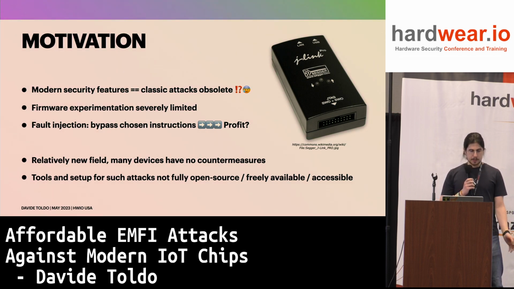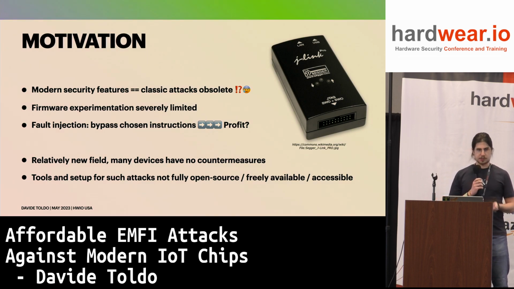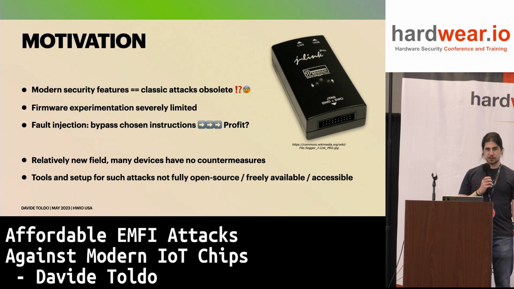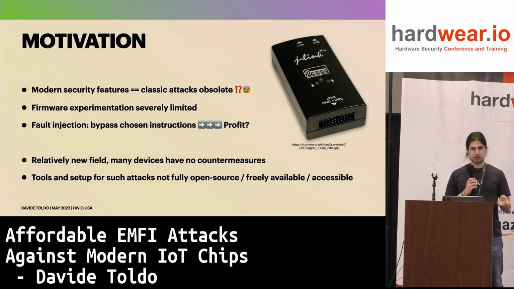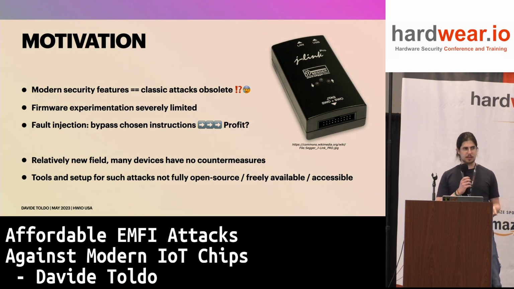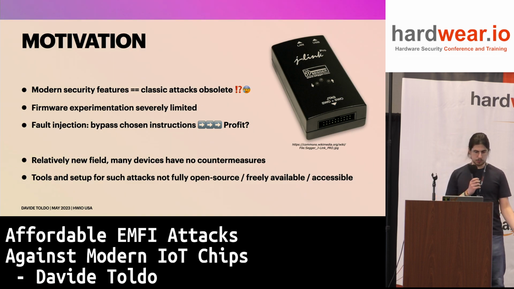And indeed, nowadays we have closed debug ports, secure boot, and flash encryption, which can make the attacks more difficult, but not obsolete. It's just an extra layer to get through until you can then use the same methods you would have used before.